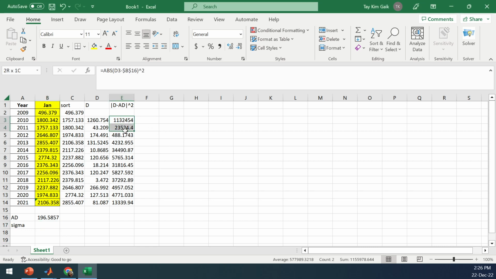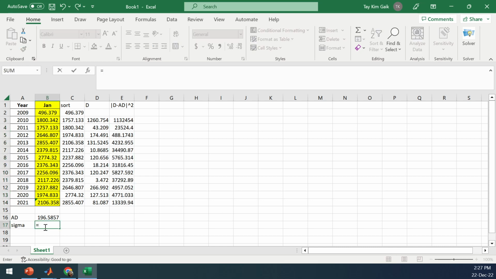When you have the average of this, this gives you the variance. When you take the square root of the variance, you get the standard deviation sigma. So SQRT is the square root of the average of D minus AD squared.